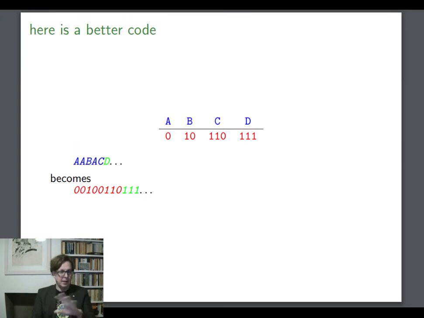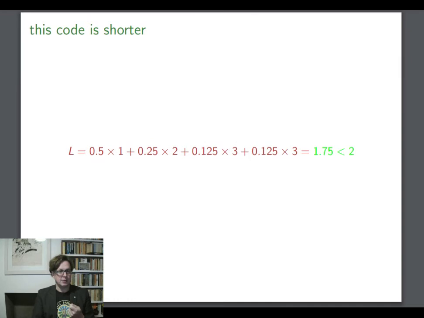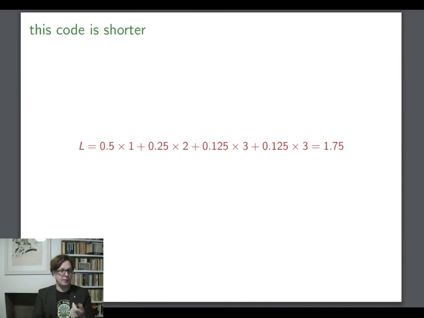Here, the point is that we now have this new code where we've managed to give a shorter code word. And has that worked? Well, indeed it has. So if we look here, the probability of A is 0.5 and it's 1 bit long. So this is the expected length per letter that we're coding for.